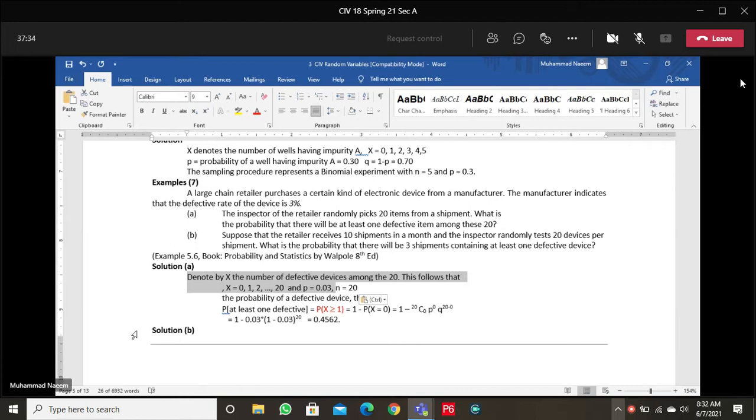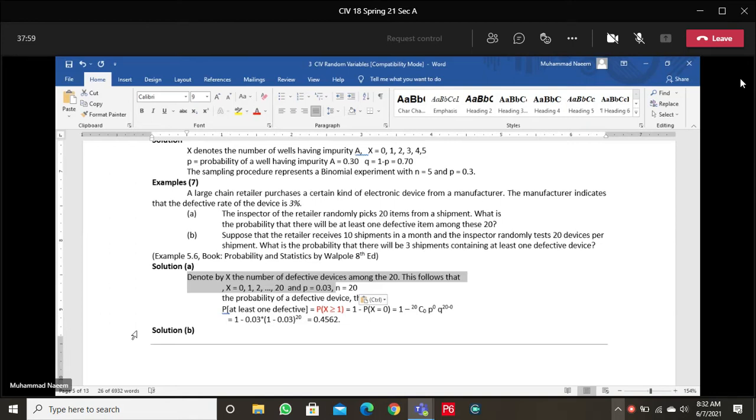P is the probability for one of them. P is the probability for X equal to 1. Remember this thing. P is the probability for X equal to 1 as you defined your variable. If it is showing the defective items, P is the probability of a defective item.